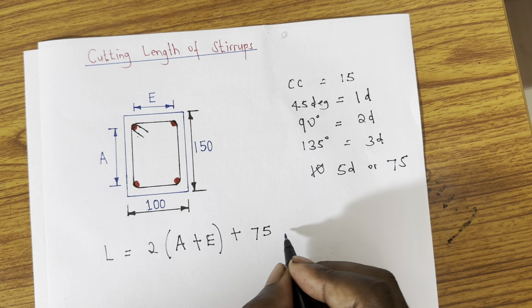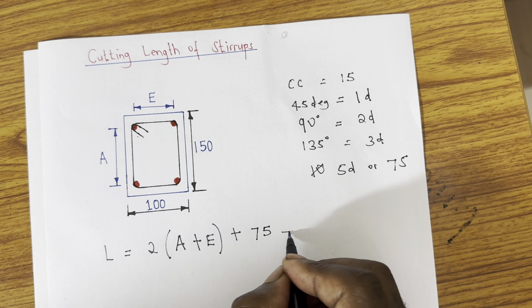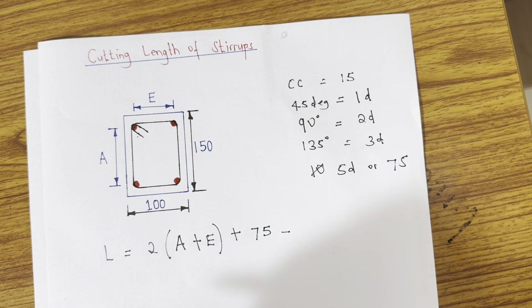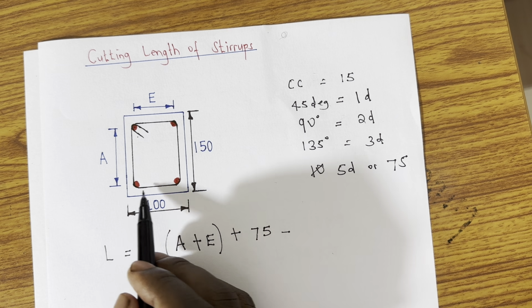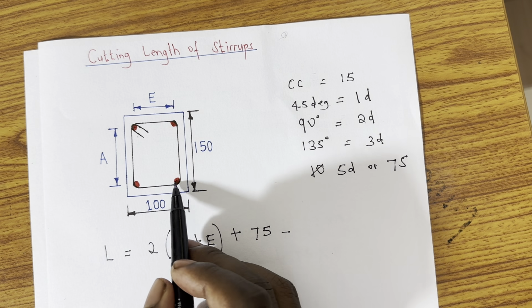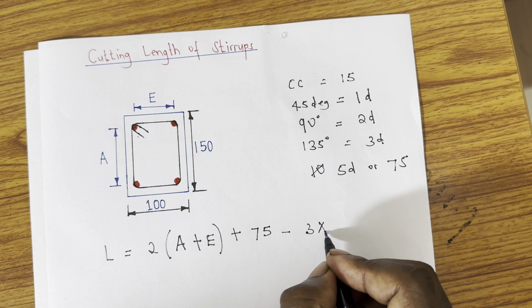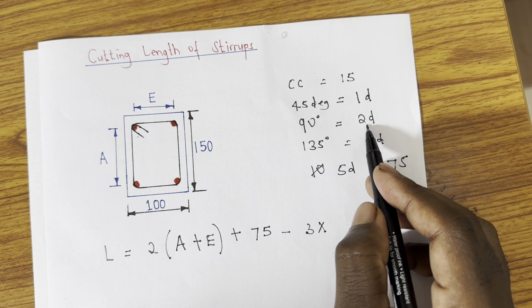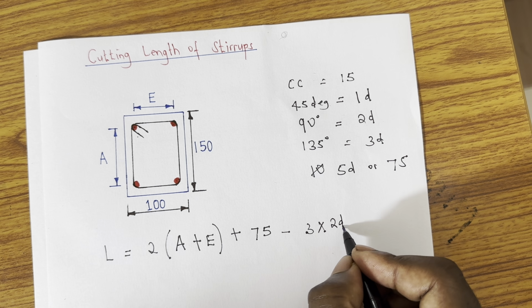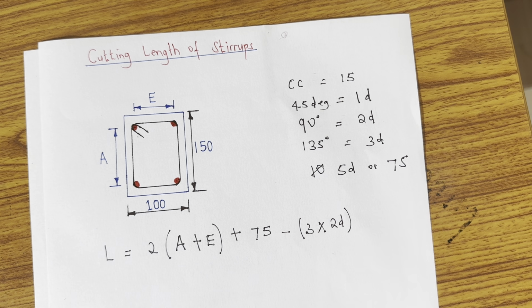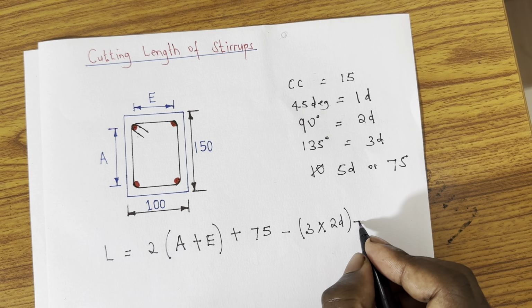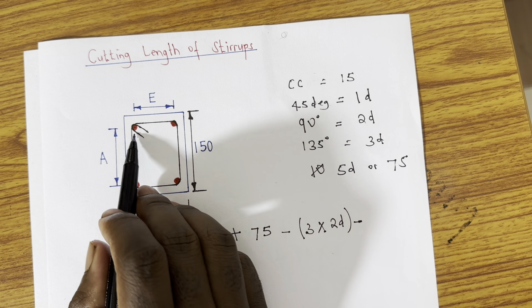Now, here we subtract the bends, because otherwise it would be very long. So the bends, we have to subtract away. Now, how many bends do we have? 90-degree bends, we have 1, 2, 3. So there are 3 90-degree bends, and a 90-degree bend is equivalent to 2D in terms of its length. Okay? And what about this other bend remaining?